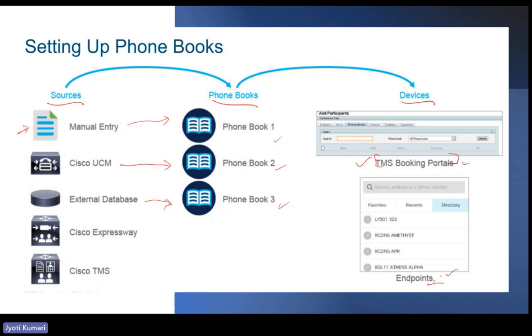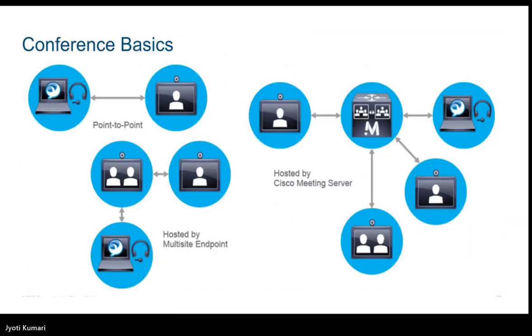All will be supported and work together. CUCM can be a source, as can an external database like Active Directory, Expressway, or another TMS. So if you want to import the phone book from one TMS to another TMS, that can also be done. These are the various sources for setting up phone books in TMS.